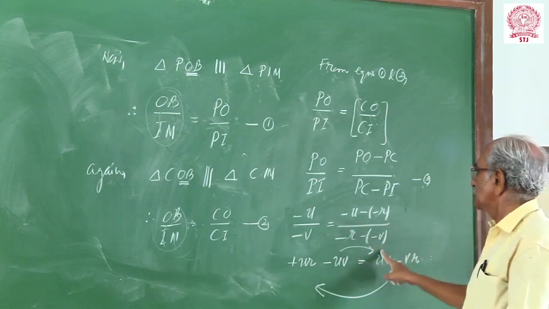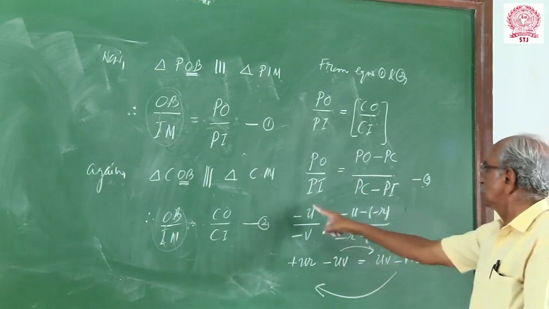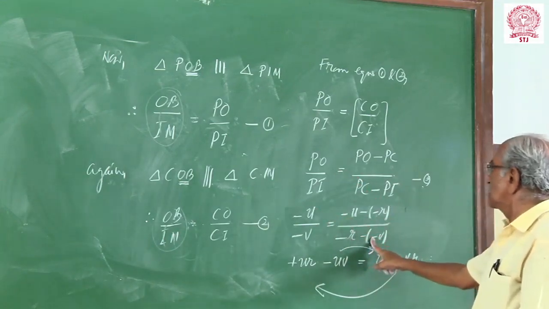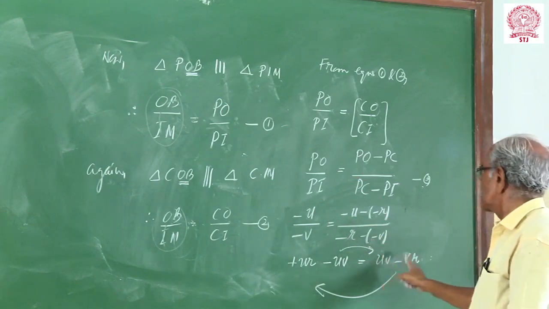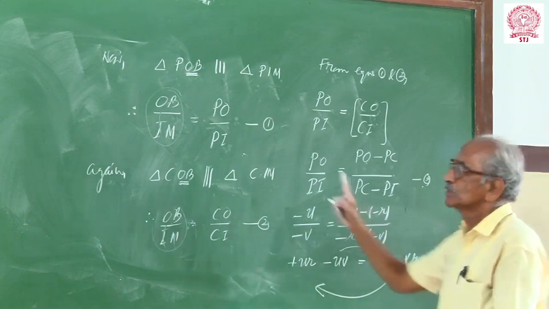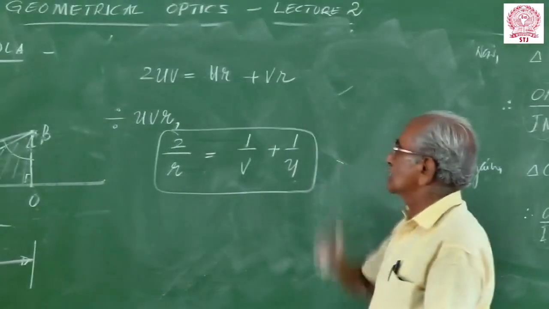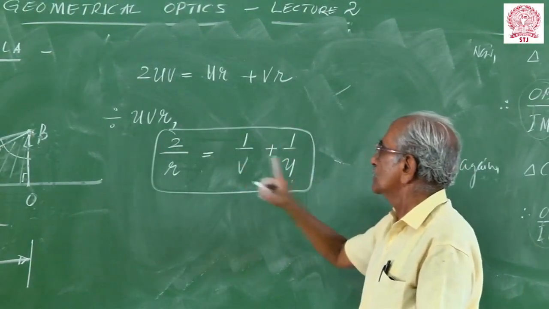Cross multiply and simplify. We have UR plus, minus UV, that is equal to UV minus VR. Rearrange the terms, we have 2UV equals UR plus VR. Dividing all the terms by UVR, we have the separation.